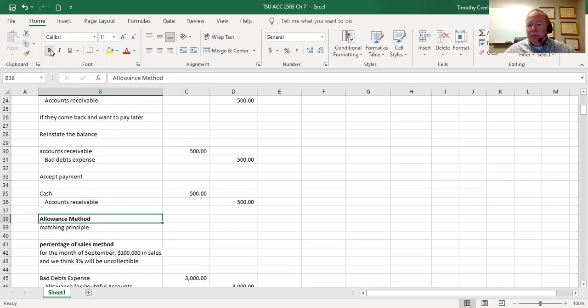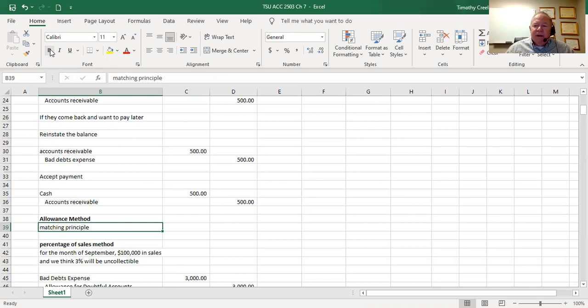And there are two reasons why this method is better. This is a little bit better method from an accounting perspective. One is the matching principle, in that if you're doing the allowance method, you're going to match revenues and related expenses in the same period. That's one of the big improvements of the allowance method over the direct write-off.